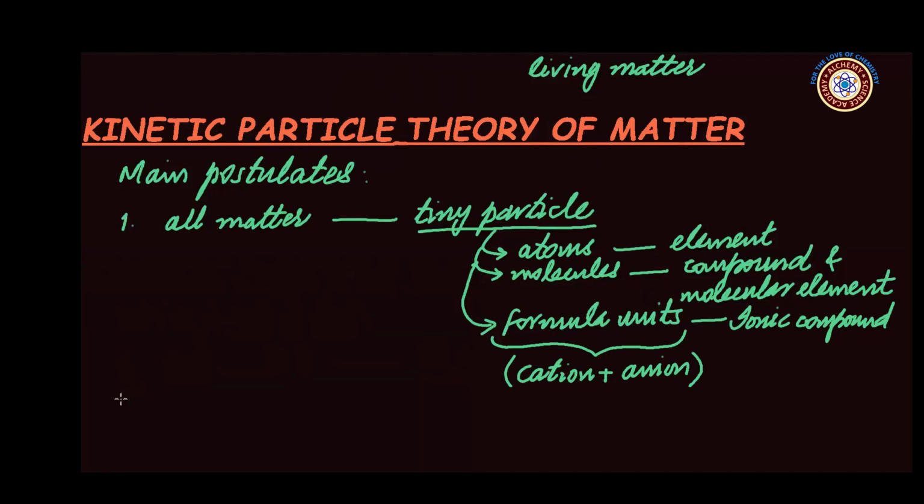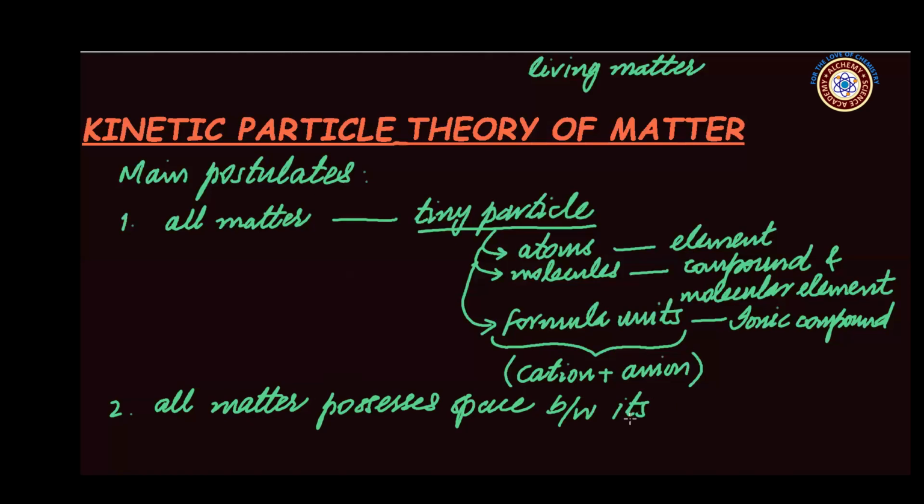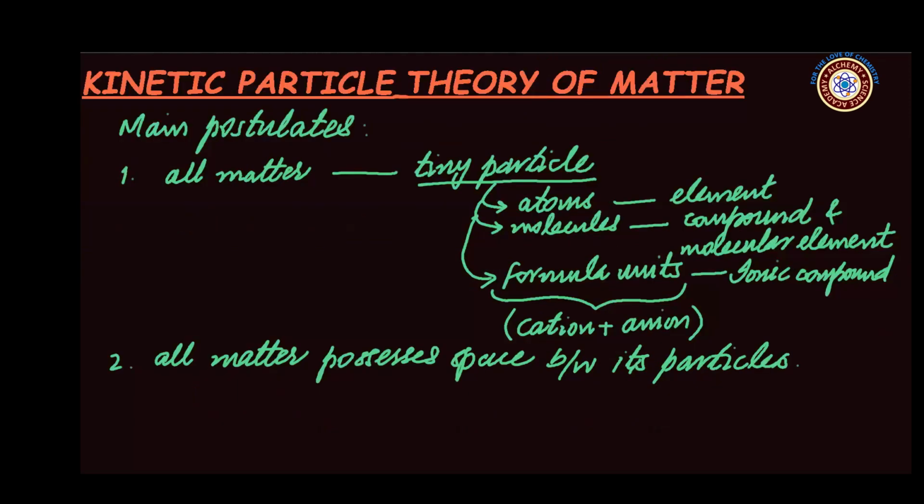Let us move on to the second postulate of this theory: all matter possesses space between its particles. The extent of space between the particles of matter can be low or high depending upon the strength of attractive forces between the particles of that matter.